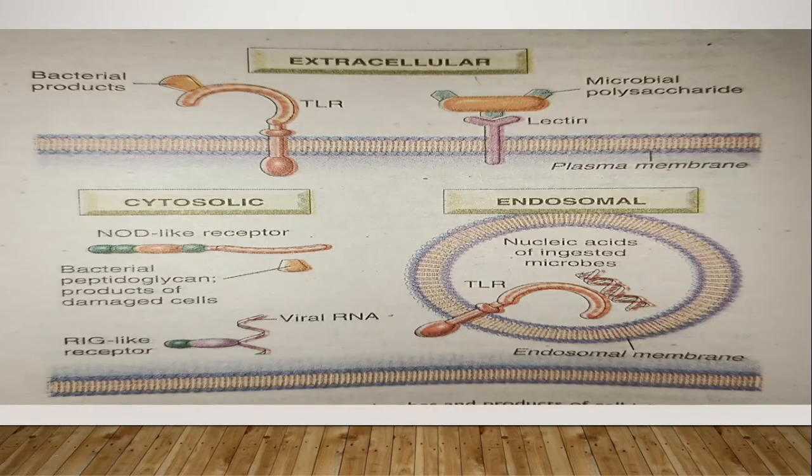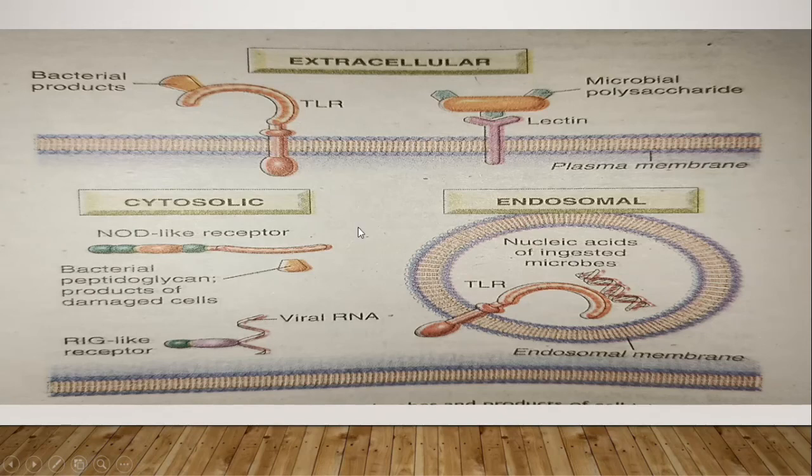So these are the receptors shown, such as the toll-like receptors, which are like a hook present on the plasma membrane. These sense the bacterial products. What are the bacterial products? These are PAMPs and DAMPs. When pathogen is extracellular, outside the cell, the toll-like receptor senses those pathogens.